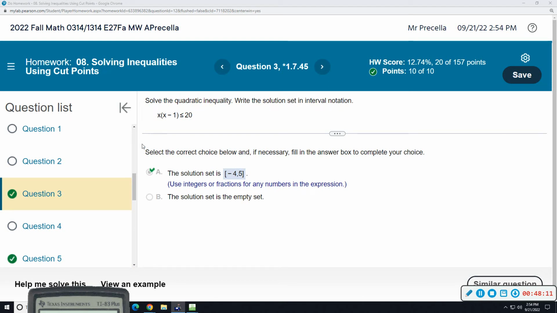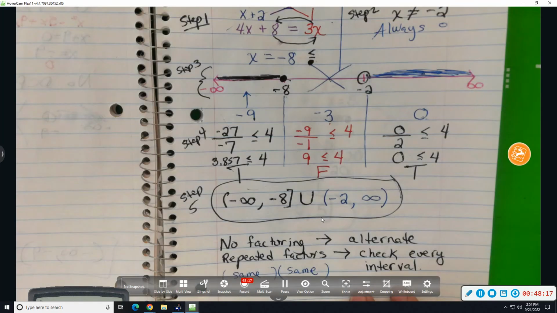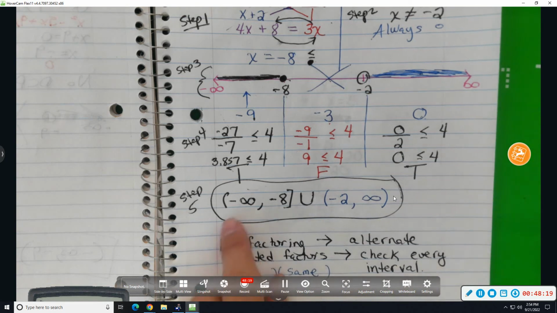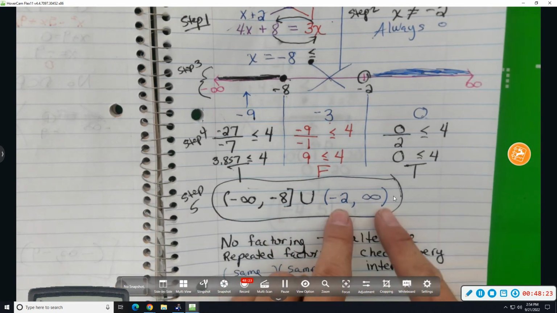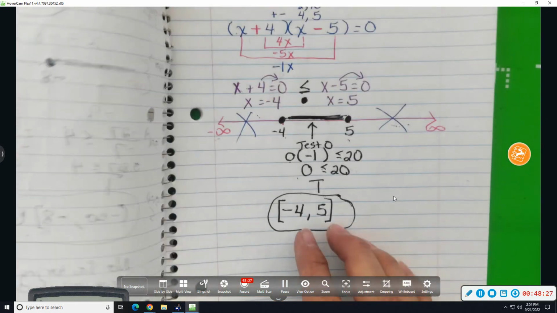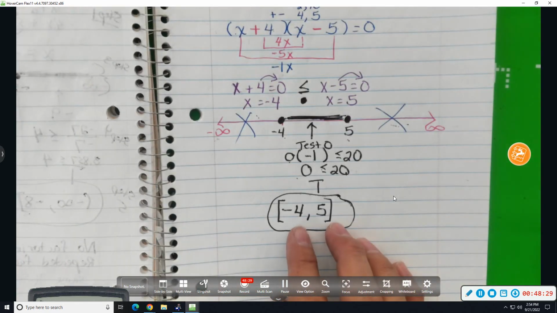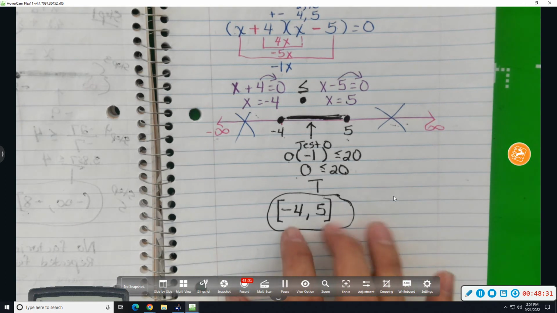That's how we solve. And I have notes showing this, where you just sort of sat there and thought about it until miraculously you got negative infinity to negative 8, union, negative 2 to infinity. Or coming over here, you just thought about it until you came up with this answer.